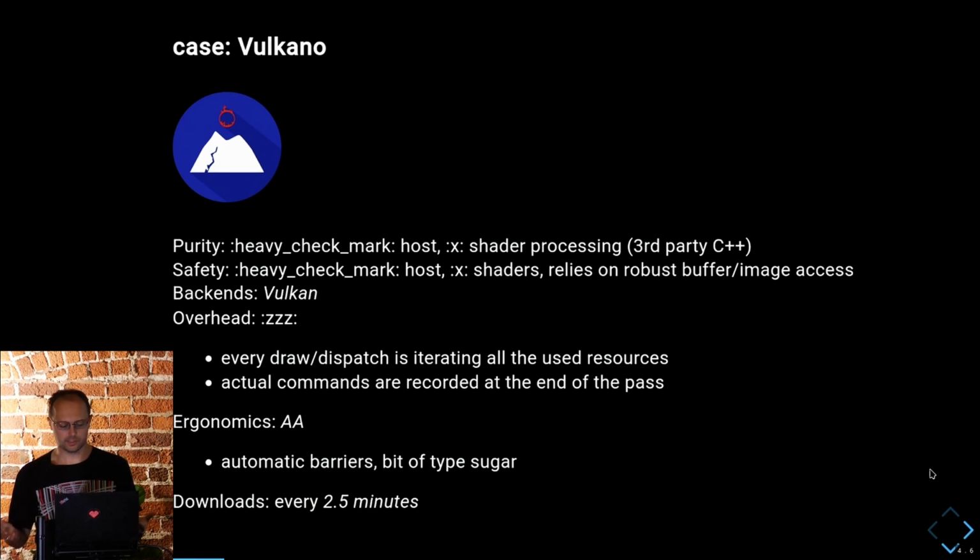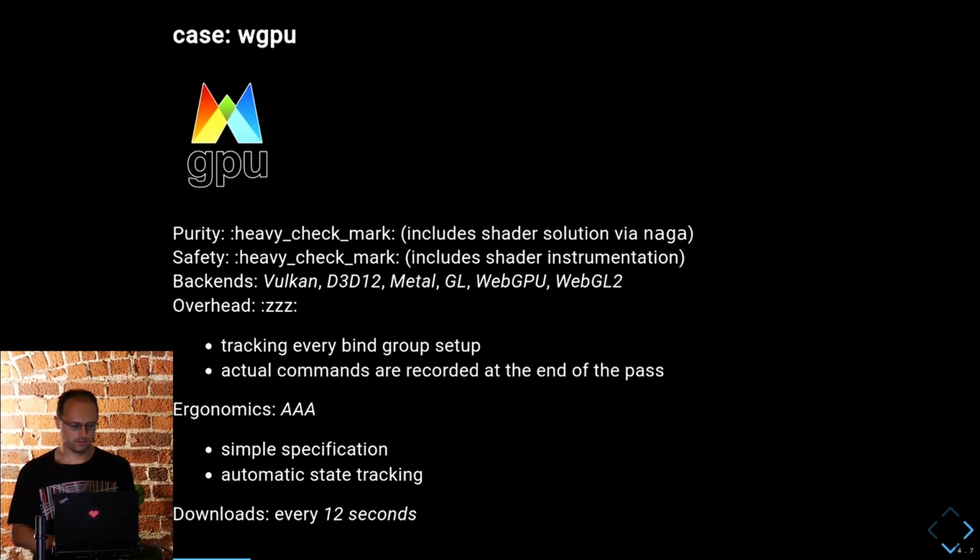Otherwise, it can do automatic barriers for you. It doesn't provide safety on the GPU side, the Simpsons picture I posted, only on the host side. And it's downloaded every 2.5 minutes. So maybe once since I started talking about it. Also, shader processing is done by C++, which means it's not a pure Rust library.